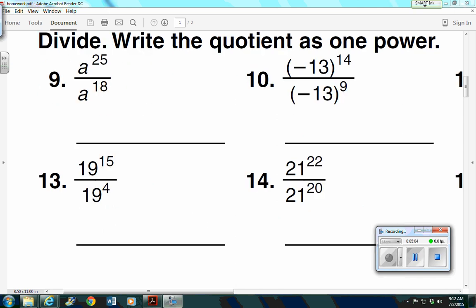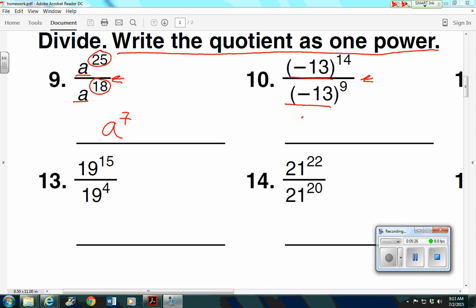Okay, now we've got division problems, and it says to write the quotient as 1 power. So we've got the same base, and we've got division, so we keep our base and subtract our exponents. So we've got a to the 7th power. Same base, division, keep the base, and subtract the exponents.